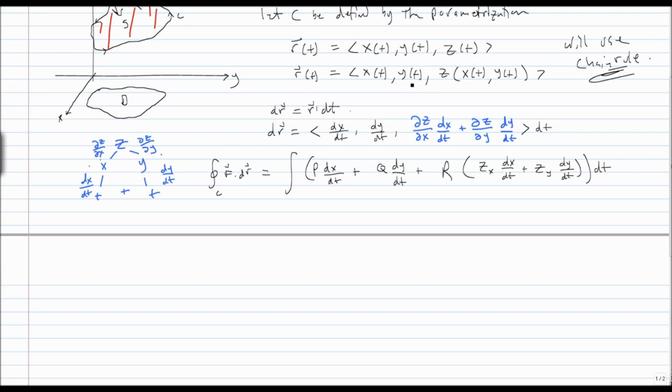Well, our position vector is a function of t, so let t go from a to b. Maybe when t is a, we're here, and then you go all the way around the curve, and when you end up at the same point, that's when t equals b. So t goes from a to b.